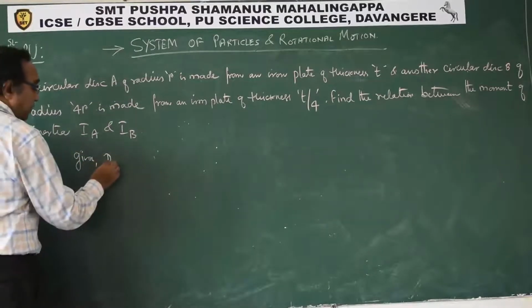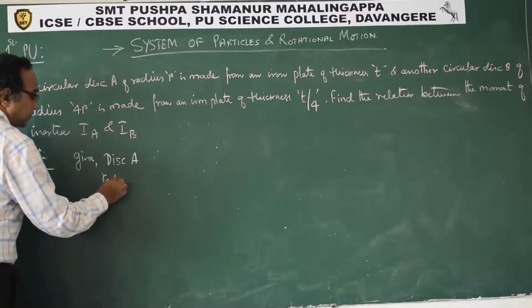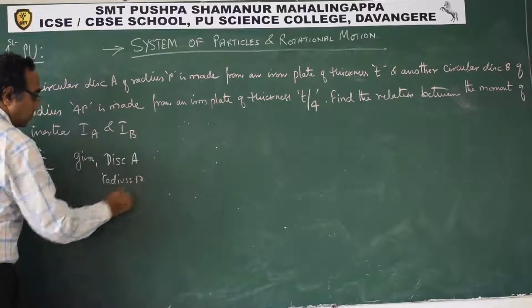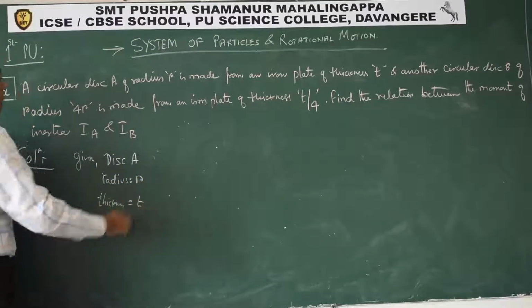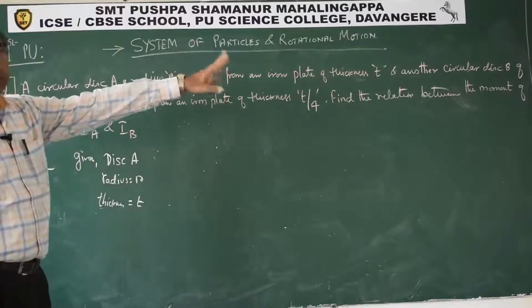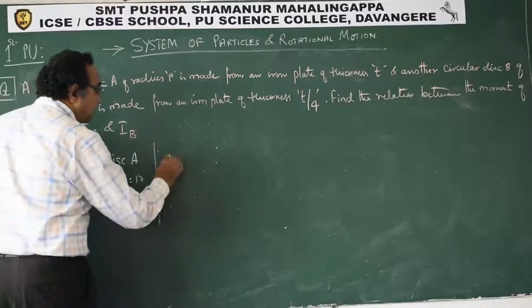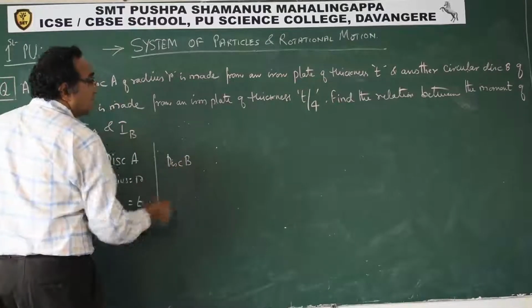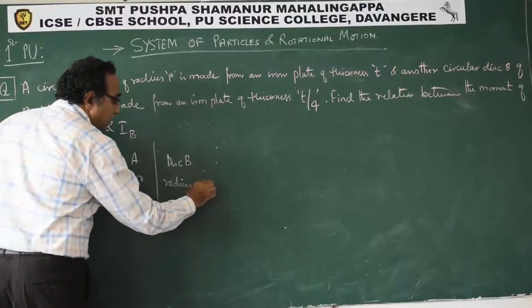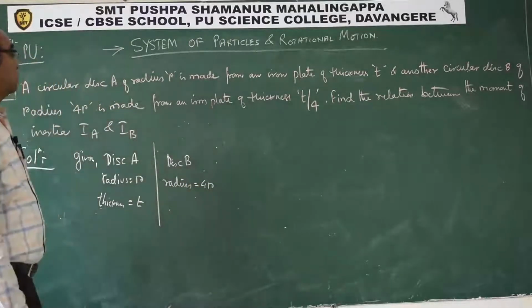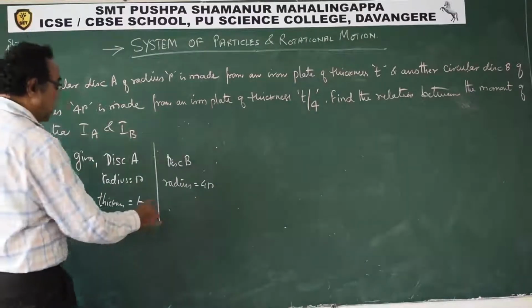It is given: disc A, radius is r, thickness is given as t, made from an iron plate of thickness t. Another disc, disc B, radius is given as 4r, and thickness is t by 4.